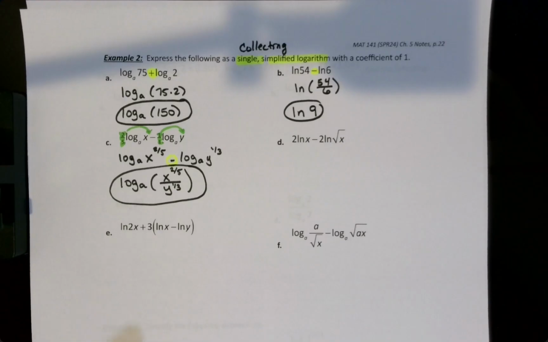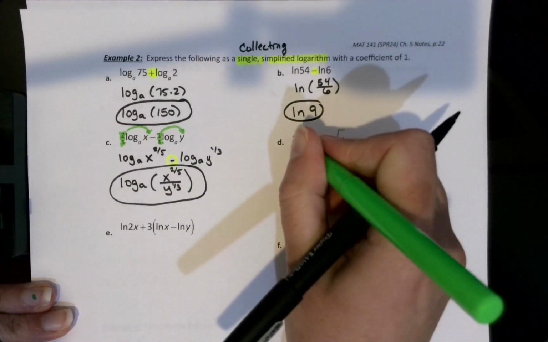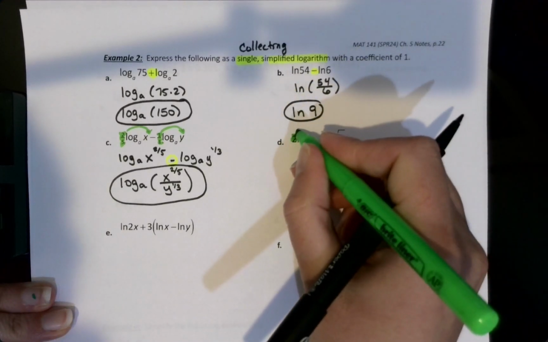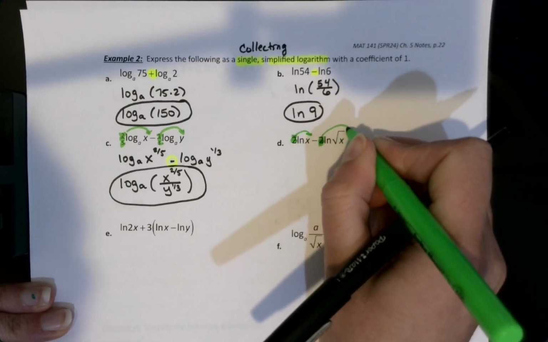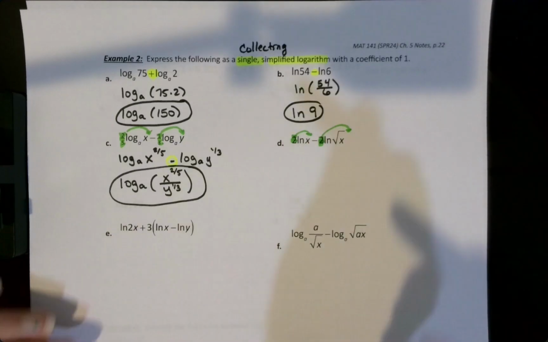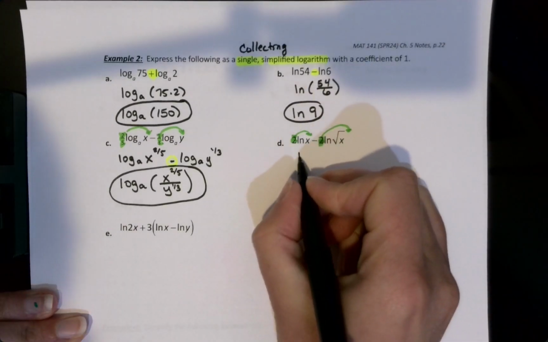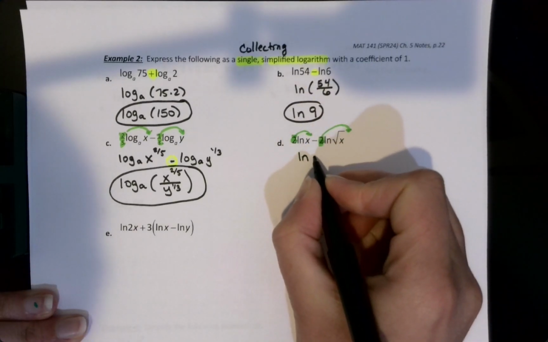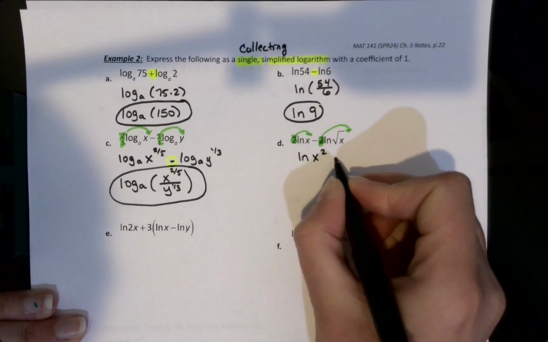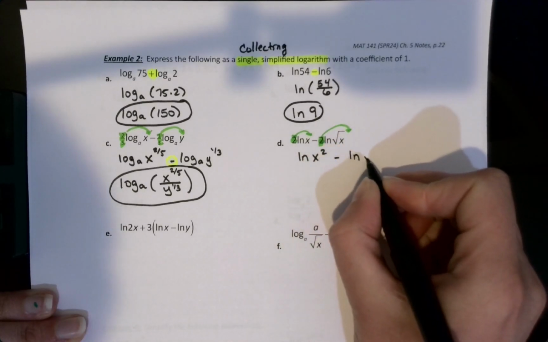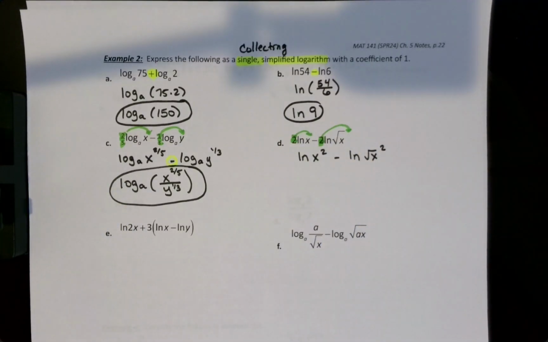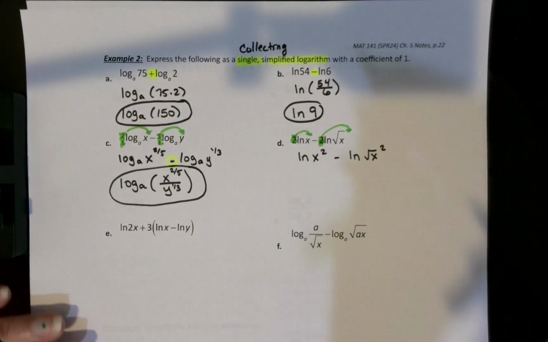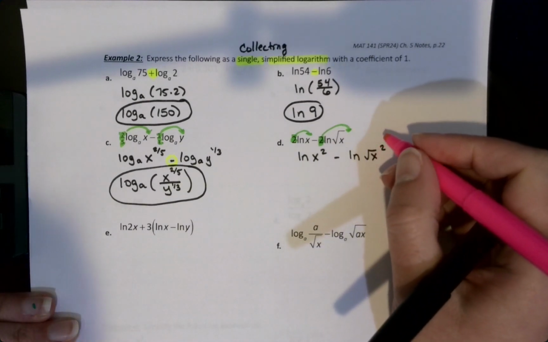In the next one, we'll work on that same kind of idea. We've got our 2 coefficient, pull that up as a power. So here I've got the natural log of x squared minus the natural log of the square root of x squared. We are going to apply inverse properties right here.